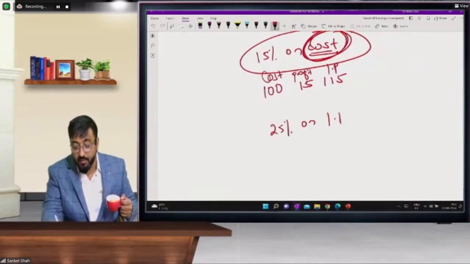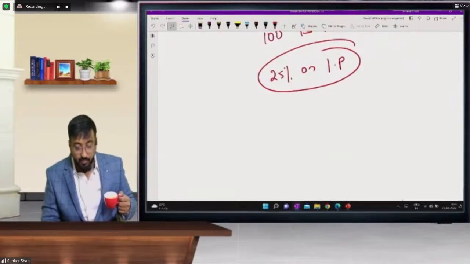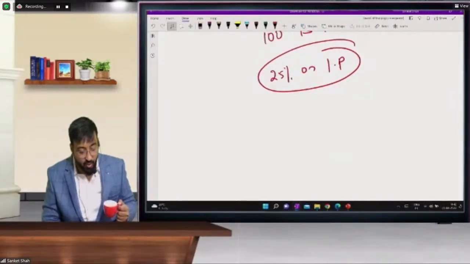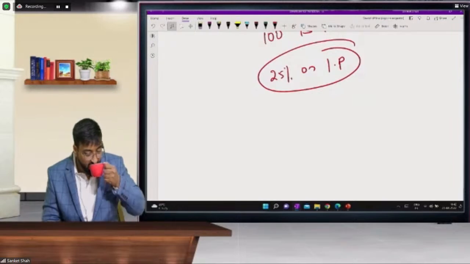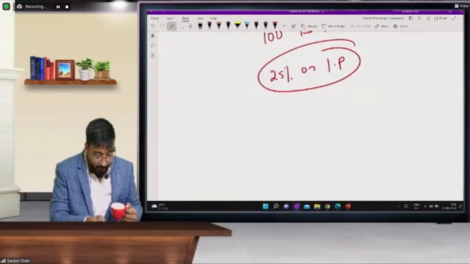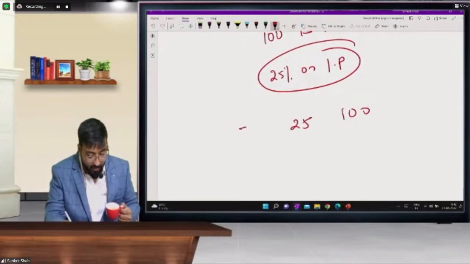25% on invoice price. Don't make mistakes now. 25% on invoice price. Find the equation. What is the equation? Invoice price. Bansuri, it is not wrong now. Okay, 100, 25, 75.